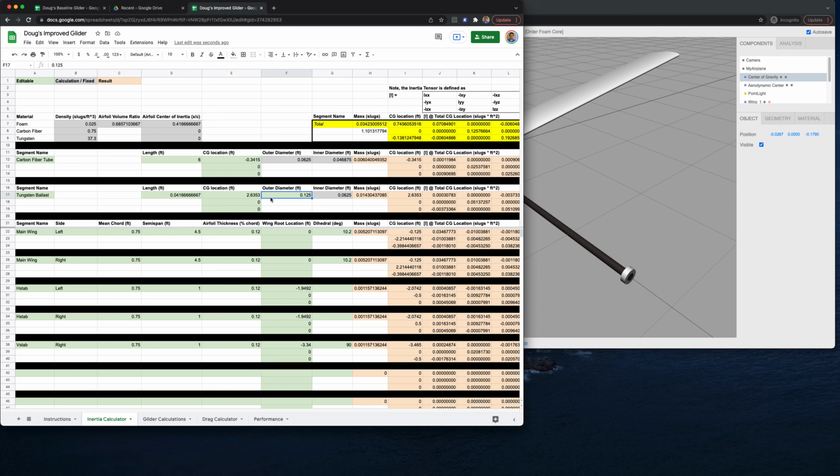After some fiddling around, it looks like about 0.0855. If I just shrink that diameter, that gives me back to that CG location pretty close. It's not exact, and I might need to iterate on that later in the design, but other things I'm going to change are going to change the CG anyway. So this is my best guess right now for the size of that: an outer diameter of 0.0855.